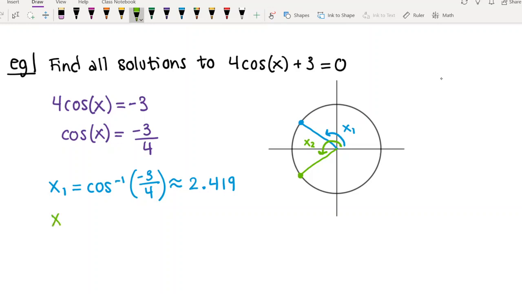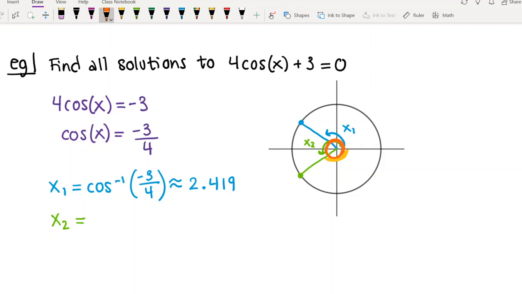So how do we find x2? Well, again, it's going to be the same kind of pattern that happened on the last one. This angle here is also the same measurement as x1. It's also 2.419 radians. So if we were to go all the way around in a circle, that would be 2 pi.